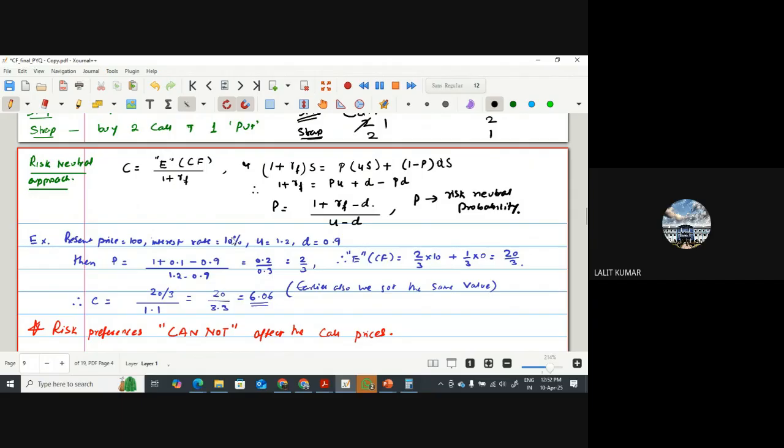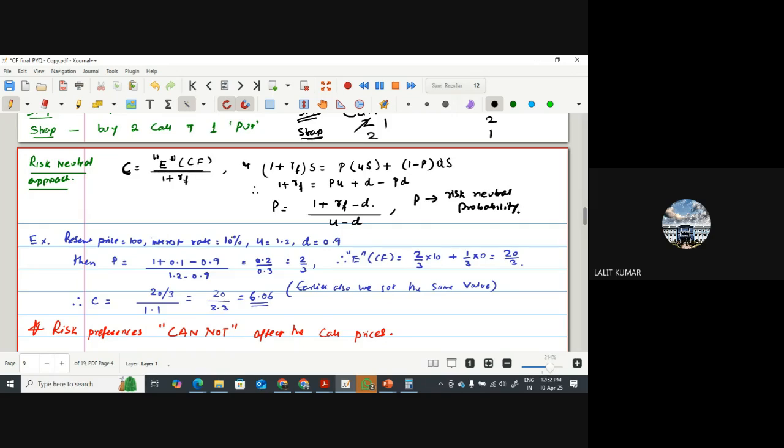The formula for risk neutral probability is P is equal to (1 plus RF minus D) divided by (U minus D). And how has this come? We know that the call option is equal to the expected CF, that is, the expected portfolio payoff, divided by the risk rate.